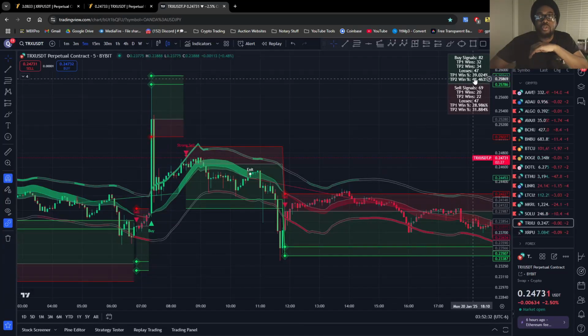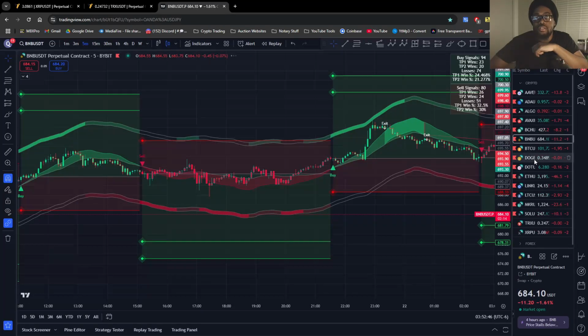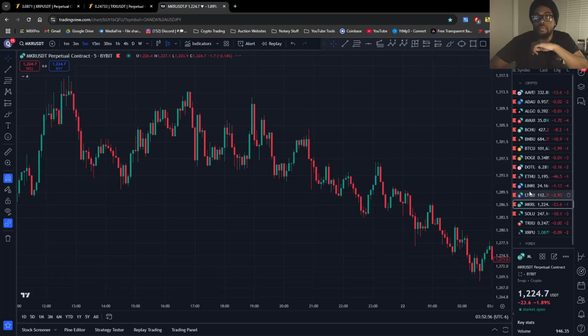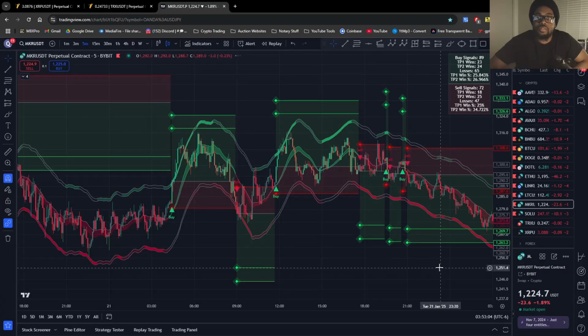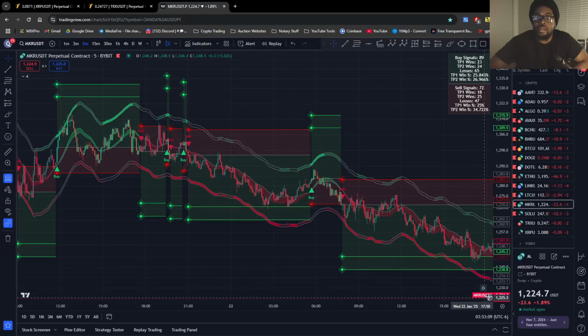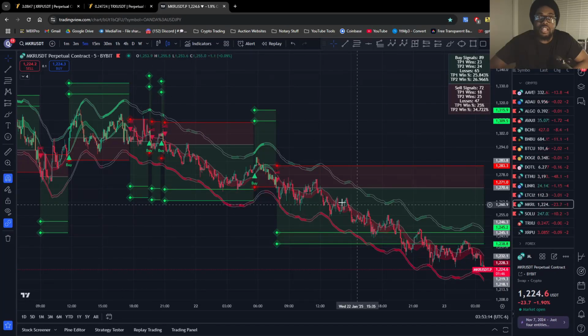So if your win percentages are higher... I was trading Tron earlier and made some money off of Tron, but let's see. Usually I like to trade Bitcoin, but let's find something else. You guys know I like to trade crypto, but the market is actually down right now. It's in a downward consolidation.